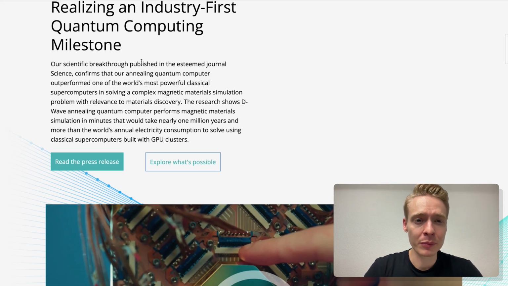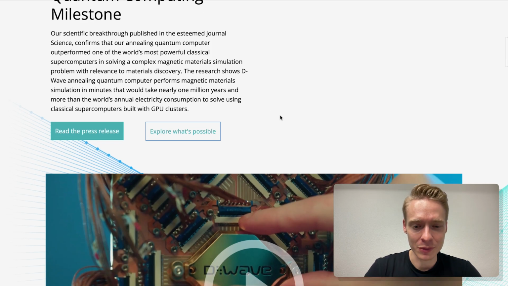Our scientific breakthrough, published in the esteemed journal Science, confirms that our annealing quantum computer outperformed one of the world's most powerful classical supercomputers in solving a complex magnetic materials simulation problem with relevance for materials discovery. The research shows the D-Wave annealing quantum computer performs magnetic materials simulations in minutes that would take nearly 1 million years, and more than the world's annual electricity consumption, to solve using classical computers built with GPU clusters.